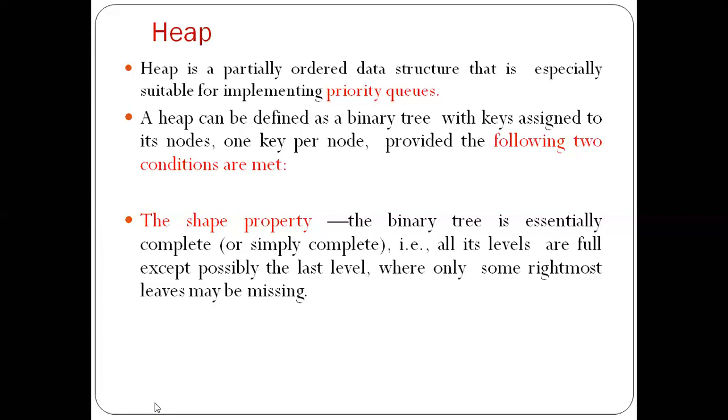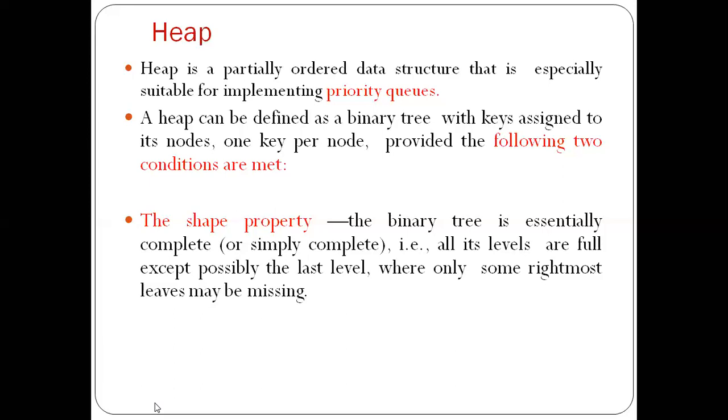The shape property is telling only one thing: your binary tree should be a complete one. It is not mandatory that the entire last level be filled, but even if it has only one element, it should be filled from the left hand side.